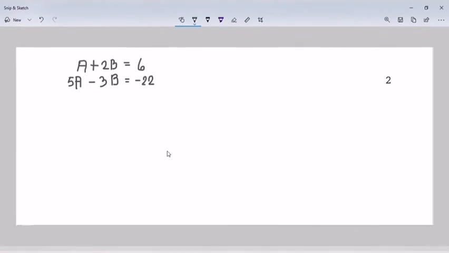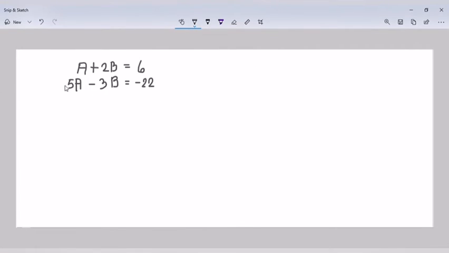Now we have a system of two equations: A plus 2B equals 6 and 5A minus 3B equals negative 22. For us to solve for the values of A and B, let us use the elimination method. First, let us multiply the first equation by 5 so that we could eliminate 5A in the second equation.